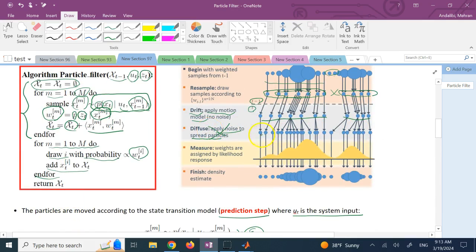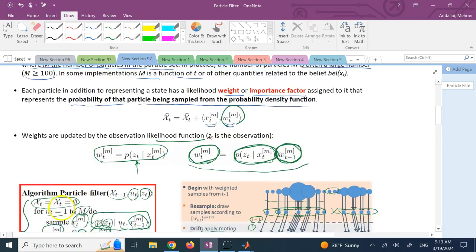And then again, with these, go ahead and do the measurements. And those measurements with bigger likelihood, those states with bigger likelihood of making the measurements that you have, you give them bigger weights. Those that are less likely to make such measurements, give them smaller weights. Okay, and keep repeating that.